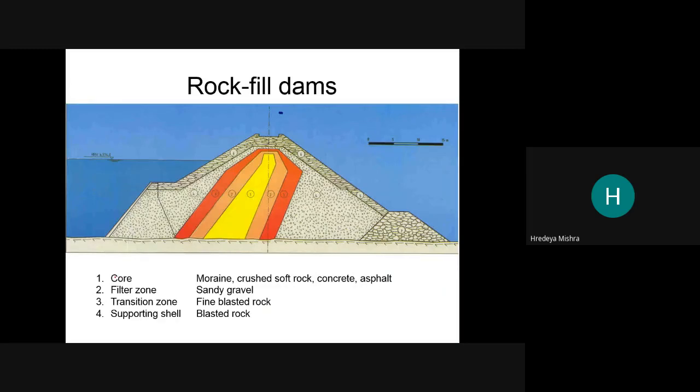Now see here, first is the core, the center is the core. Second is the filter zone, this is our filter zone. Third is the transition zone, this is our transition zone. 4 is the supporting fill.